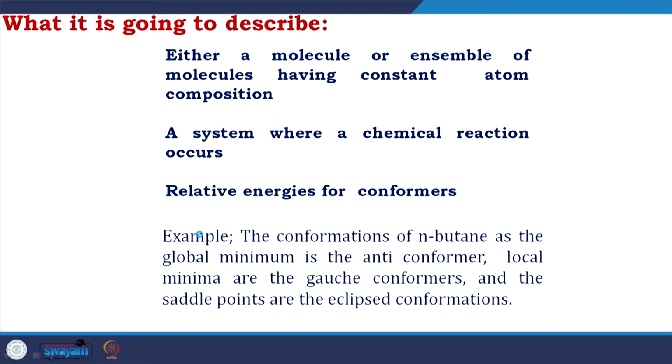The conformation of n-butane: the global minimum is the anti-conformer, local minima are the gauche conformers, and the saddle points are the eclipsed conformations. What they are talking about is, I hope you guys remember.